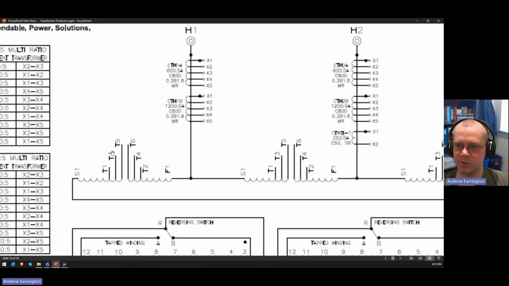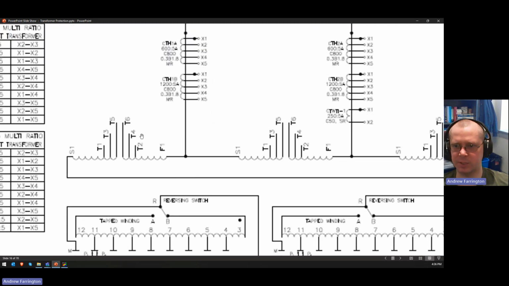What that's saying is that you can connect T5 to T6 or T3 to T4, but that's which taps of those windings are connected in order to develop that no load tap changer position. So that's what that's referring to.